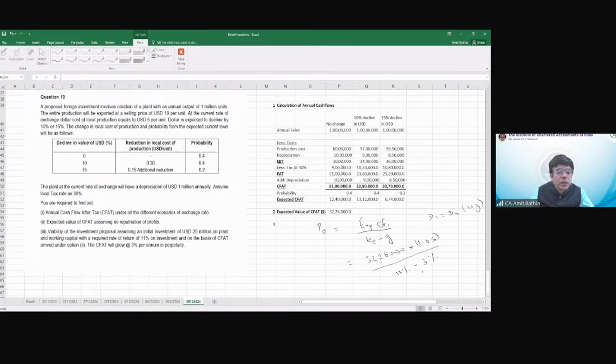Right? Yes, sir. So what is the CFAT I am getting? So expected value of inflow CFAT in perpetuity कितना आएगा? डॉलर.